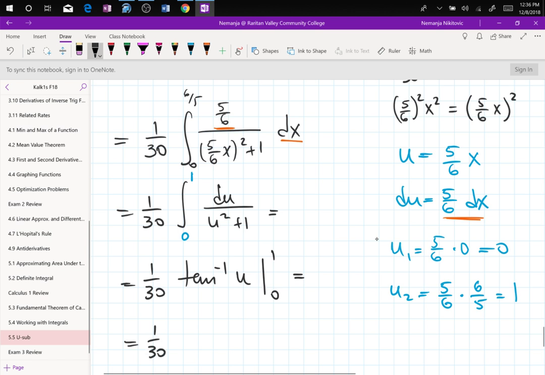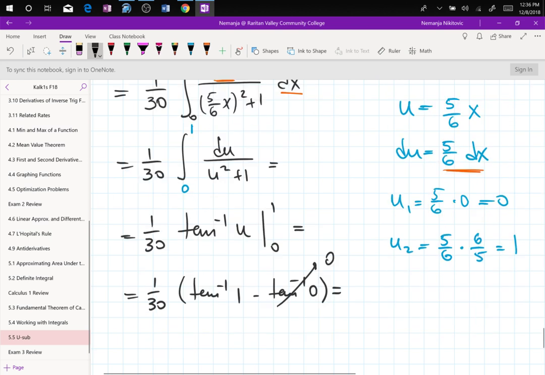So 1 over 30, inverse tangent of 1 minus inverse tangent of 0. Now inverse tangent of 0 goes to 0. And what I'm left with is 1 over 30 times pi over 4, which is pi over 120 as the final answer.